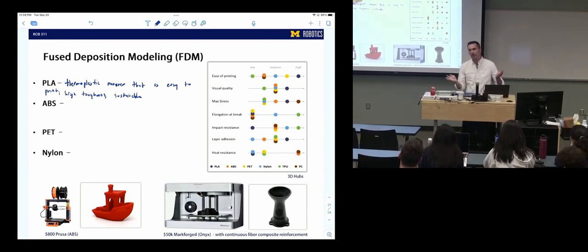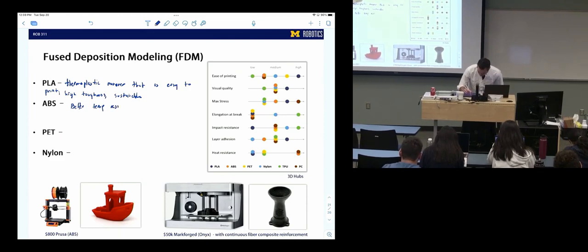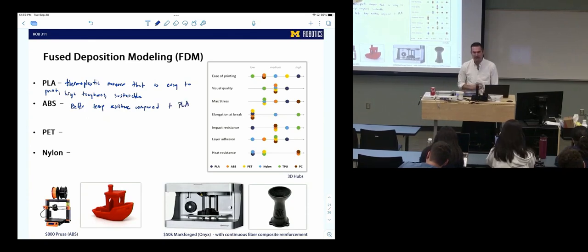ABS. Also a great plastic. Everything we use is basically ABS or PLA. ABS has better temp resistance compared to PLA. And I think it's manufactured non-sustainably. Strong, non-sustainable.